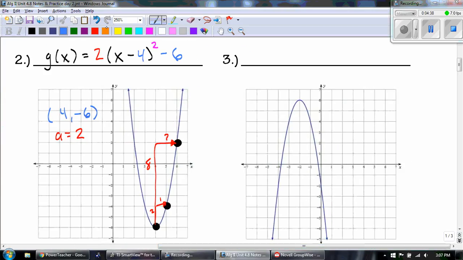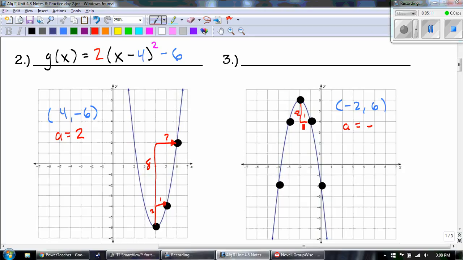Okay? Vertex is the key. Vertex is the first thing we need to find. And my vertex is -2, +6. After we look at the vertex, I need to find a. It's negative because it's going down, and then just find your points. We've only talked about 2 patterns, so you can kind of figure it out right away.